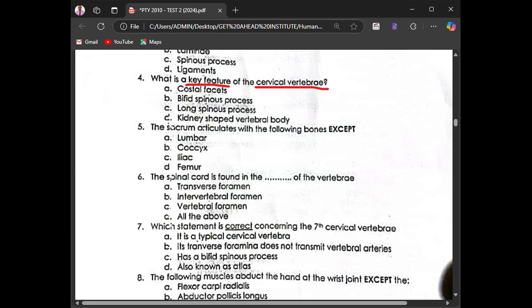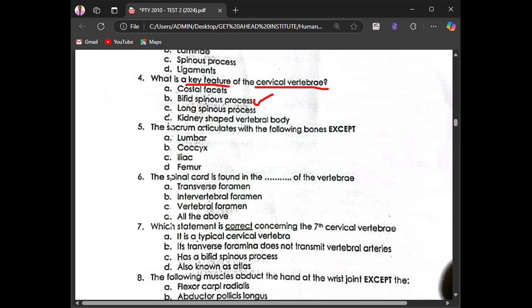Any other submission? Only one person has submitted B as their line of thought. What do others say? Okay, so we proceed. So the answer to question 4 is B. Why are we saying B?